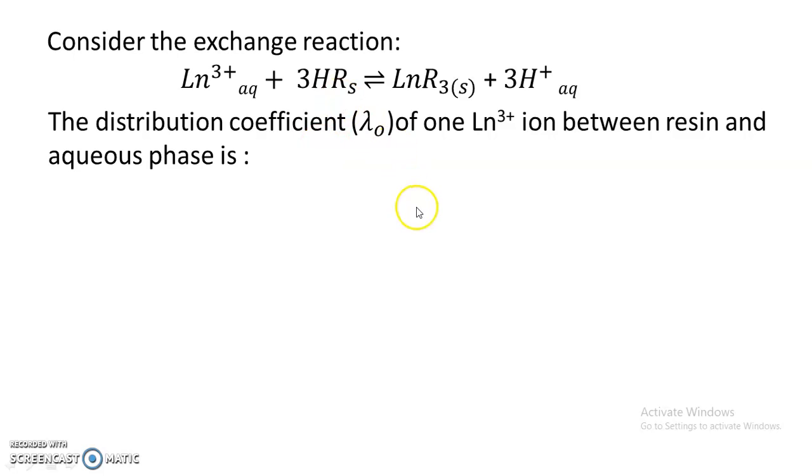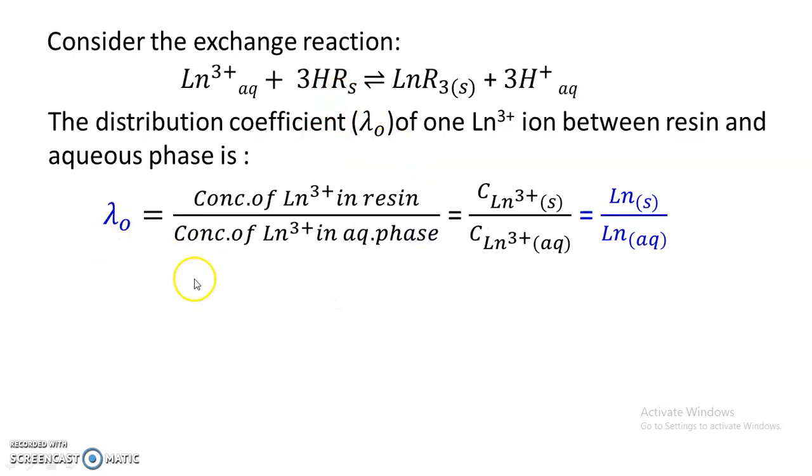The distribution coefficient lambda 0 is equal to the concentration of lanthanum plus 3 ions in the resin, that is adsorbed lanthanum ions, upon the concentration of lanthanide ions in the aqueous phase. So this is equal to the concentration of lanthanum plus 3 solid, since when it is adsorbed on the surface of the resin, the lanthanum ion is considered as a solid, upon the concentration of lanthanide plus 3 ions in the aqueous phase.